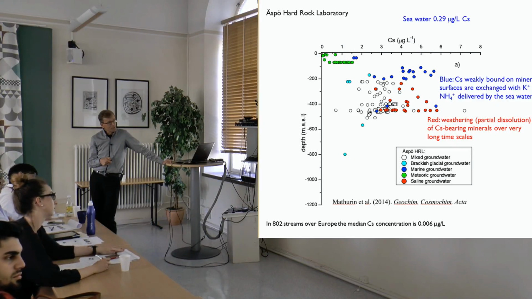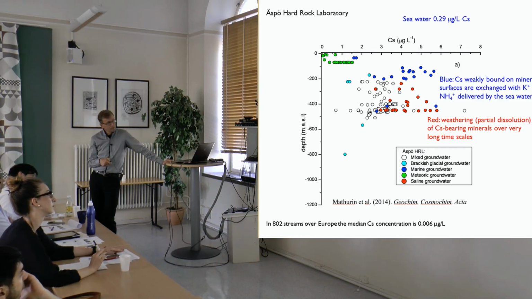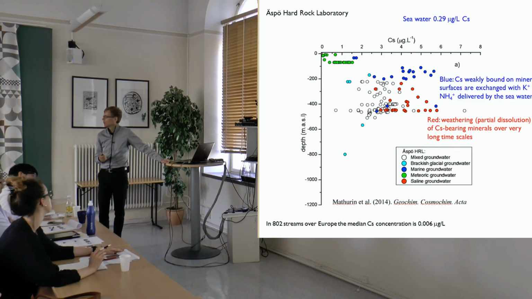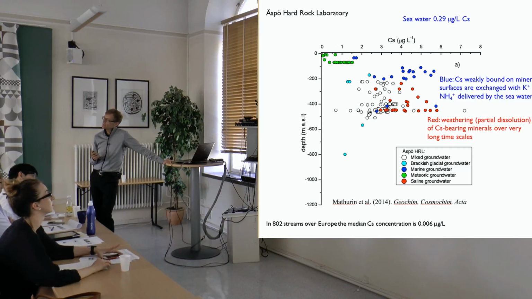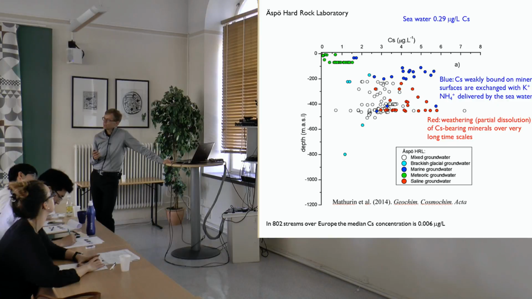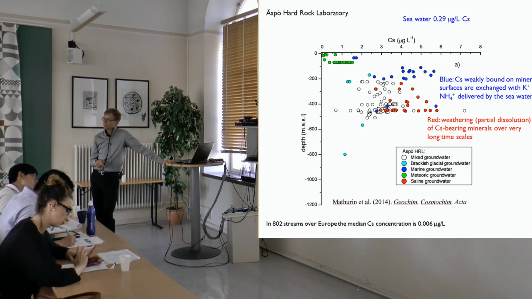And then the highest concentrations in the blue, which is the seawater origin, and in the red, which is the deep saline old groundwater. So the cesium concentrations are overall high in the fracture groundwater, but particularly high when the groundwater is of some specific origin, the seawater origin and the old saline.